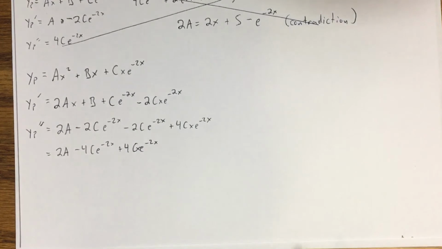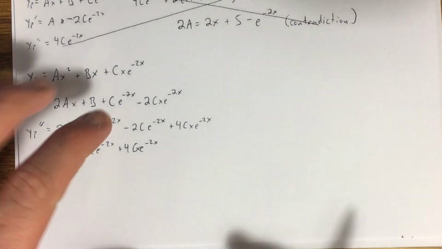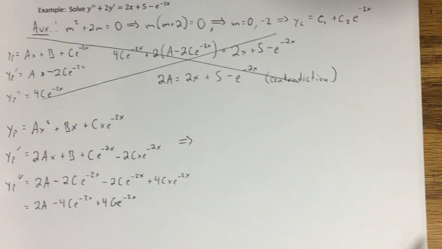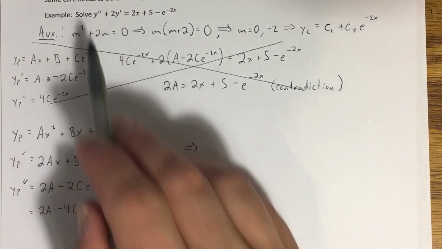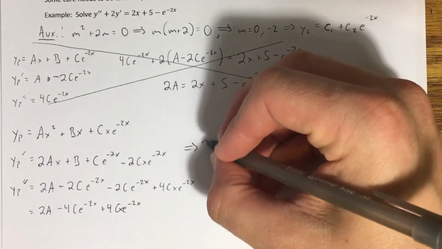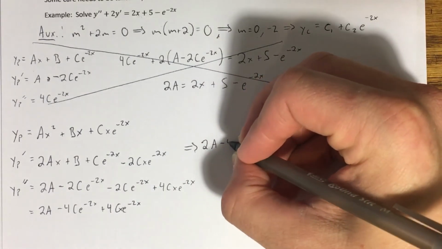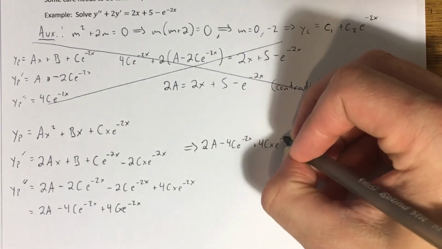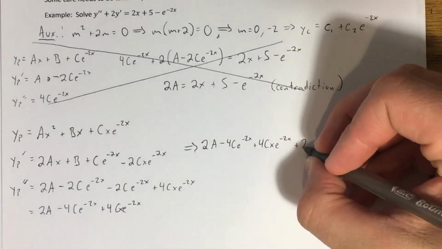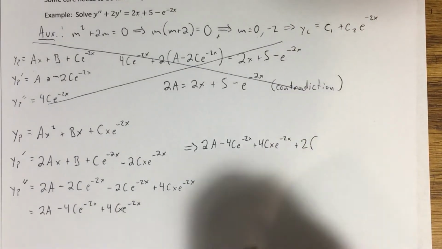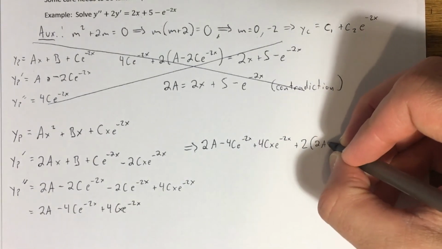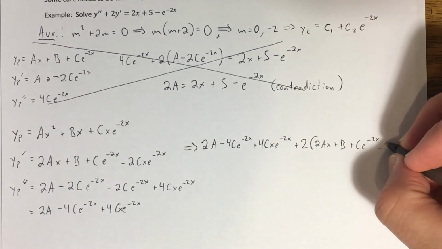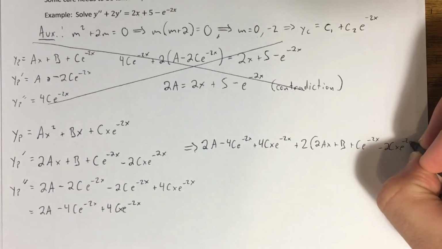Okay, so now I have a different set of functions that I can use in my DE up here. Let's try them out. I'm a little pressed for space. Y double prime, we're going to use this expression here, 2a minus 4c e to the negative 2x plus 4cx e to the negative 2x, plus 2 times yp prime, which is going to look like 2ax plus b plus c e to the negative 2x minus 2cx e to the negative 2x.